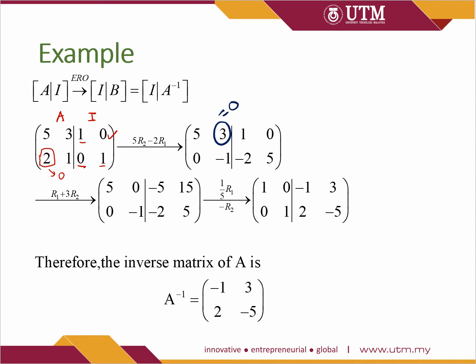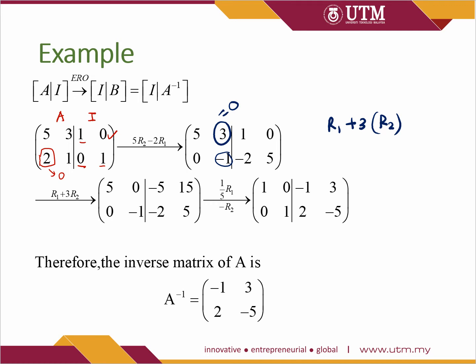In order to get this element to be 0, we can add this row, which is 3, which we represent as R1, plus R2, which is negative 1, times 3.